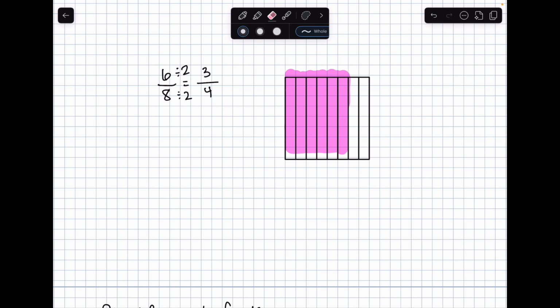And I can erase some of these lines. And now if we take a look, I have 1, 2, 3 out of 4, 3/4. My shaded part has not changed, just how many sections I have total has changed.